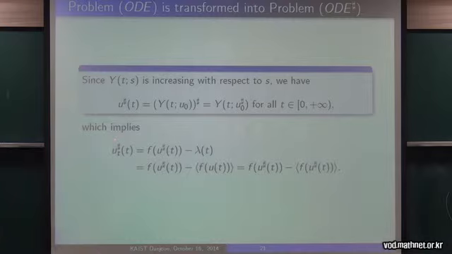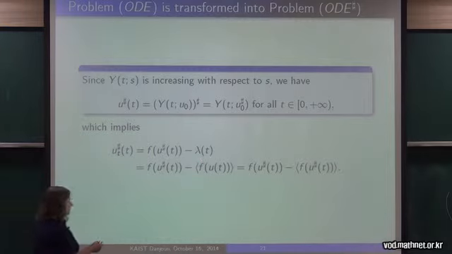So we have that u sharp of t, that is the sharp of y of t and u naught, is equal to y of t and u naught sharp. So then this implies that we have u sharp prime equals f of u sharp minus lambda of t. And there, lambda of t, we just defined as the average of f of u of t.